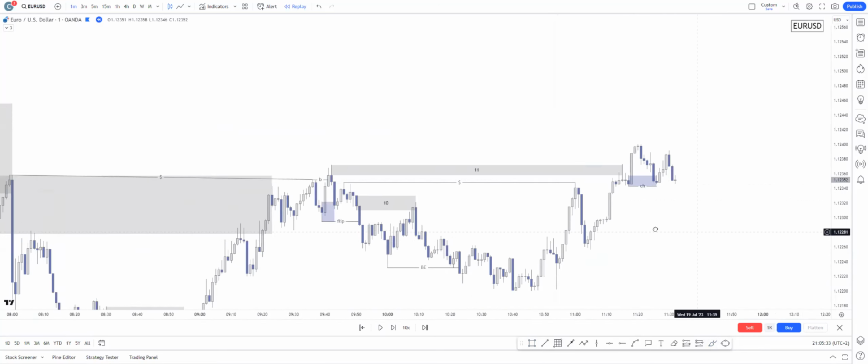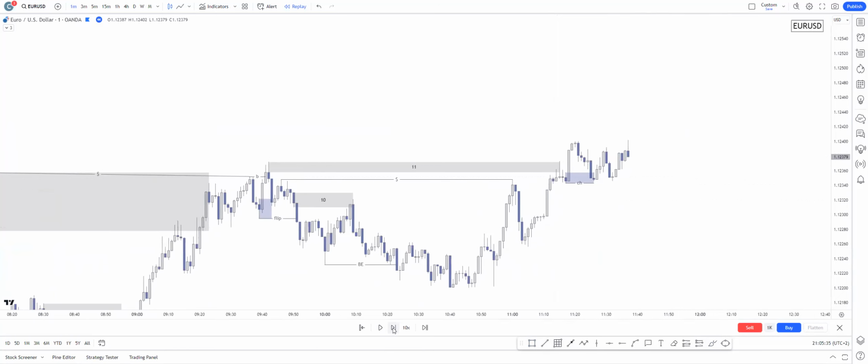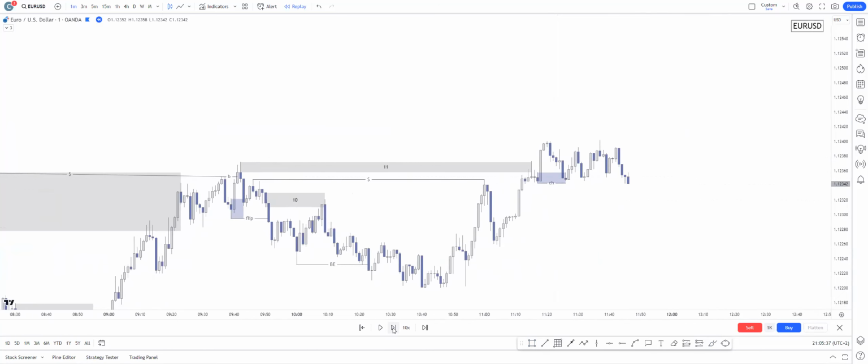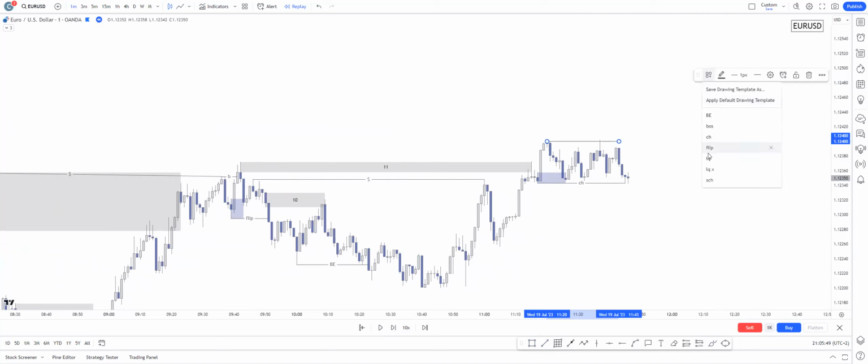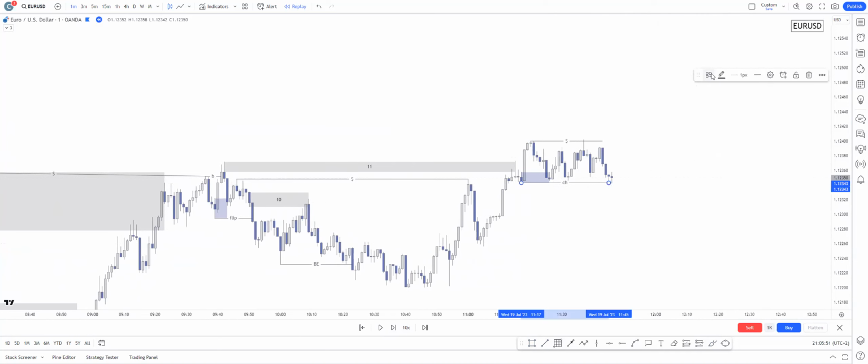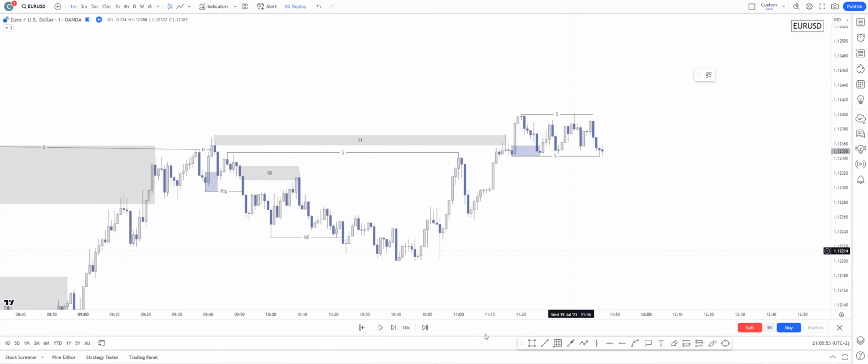So let's see what happens. Okay, price is just doing substructural movements, and this is a really bad movement that I do not like. There is liquidity on technically both sides on the 1-minute time frame. This is nothing else, just liquidity.